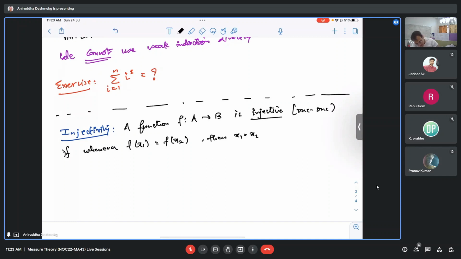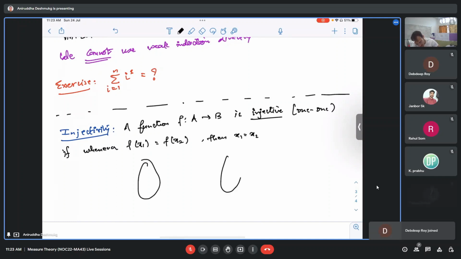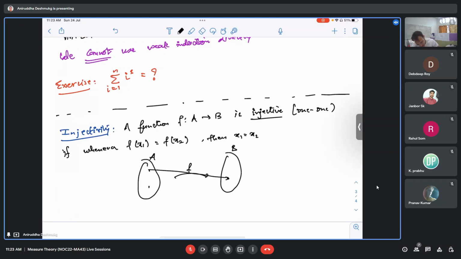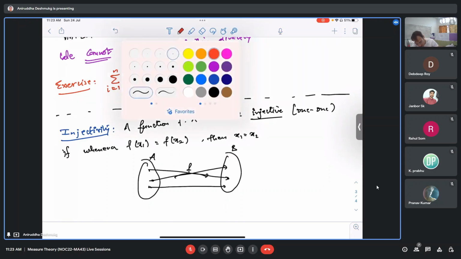So what it means is that suppose we have these two sets A and B, and then there is a function in between. It maps some points to some other points. Maybe it goes here, and this one goes here, and this goes here. It cannot happen that two points go to the same image.